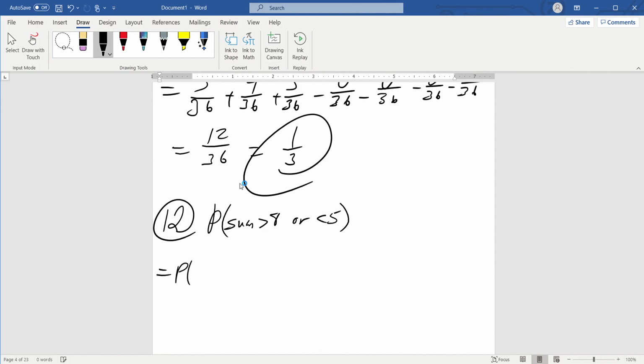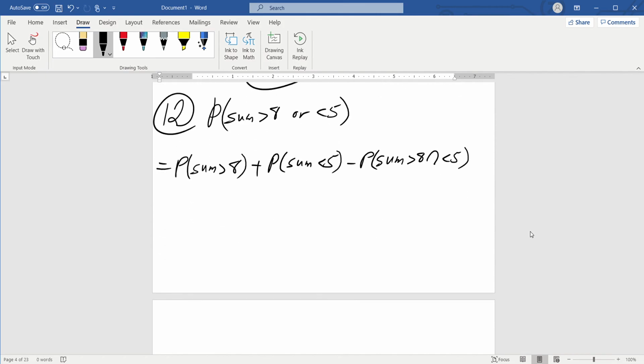So this would be the probability of the sum bigger than 8 plus probability sum smaller than 5 minus probability of both at the same time. So there are 36 plus 36 minus out of 36.